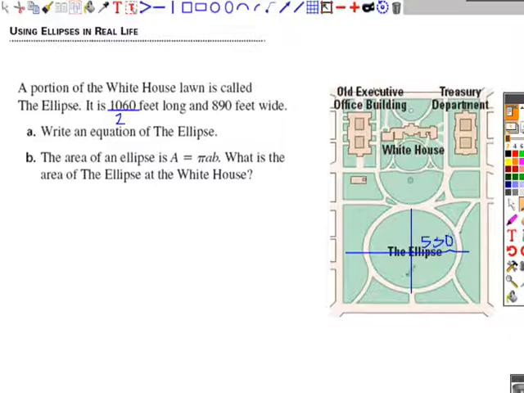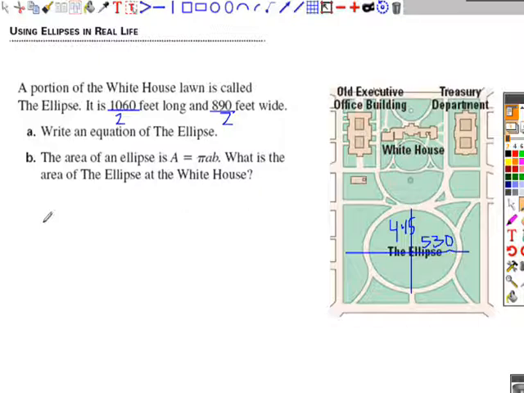Okay, now to find this, we'll do the same thing. Divide by 2, so that means that this is 445. Okay, this is the 3. Alright, now, that means I know that this is a, this is b, right?